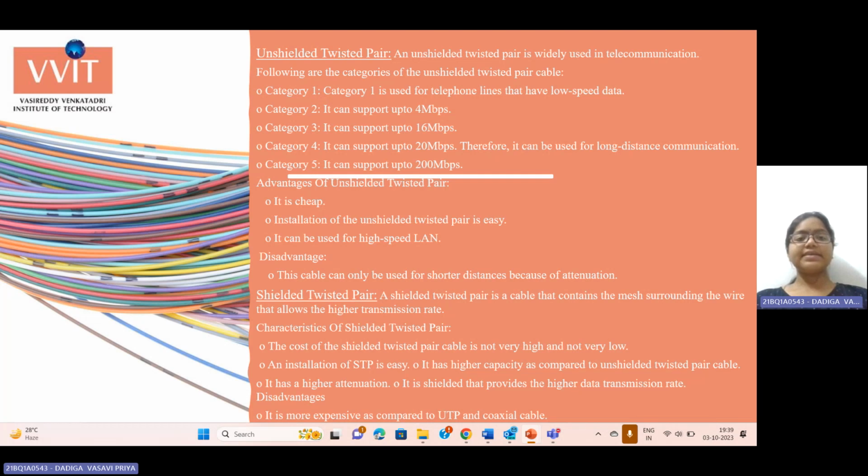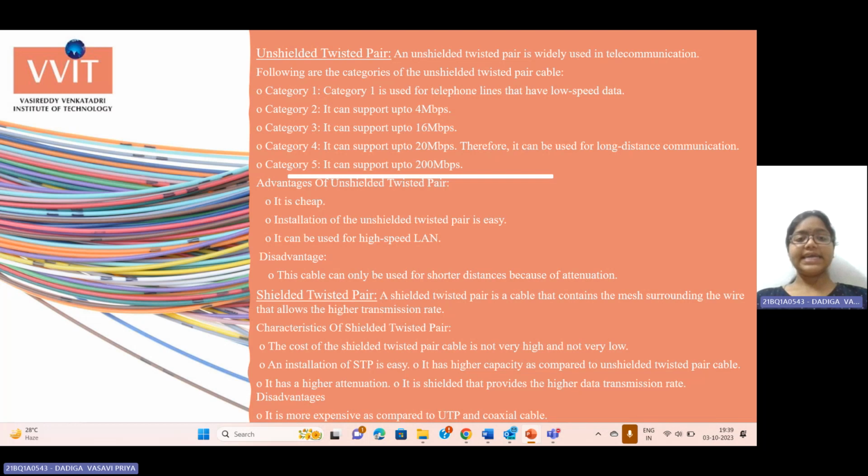The following categories are for unshielded twisted pair. Category 1 is used for telephone lines that have low speed data, and category 2 supports only up to 4 Mbps. Category 3 supports up to 16 Mbps. Category 4 supports up to 20 Mbps, and category 5 supports up to 200 Mbps.